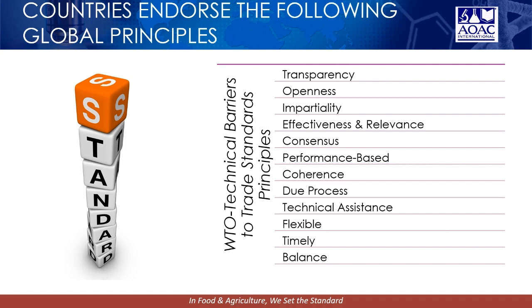And countries that are signatories to the WTO agreement are party to endorsing and following these global standards principles, which include transparency, openness, impartiality, effectiveness and relevance, consensus, performance-based coherence, due process, technical assistance, flexibility, timeliness, and balance.